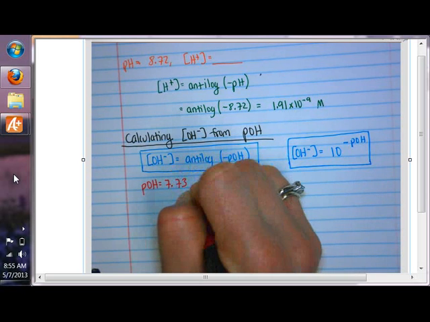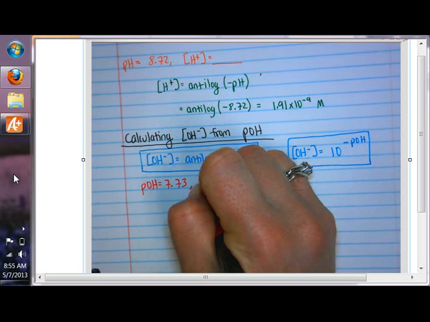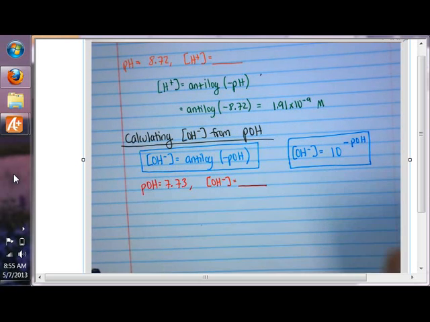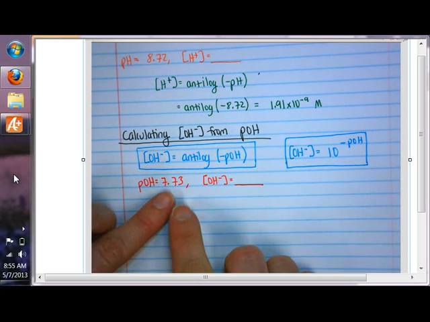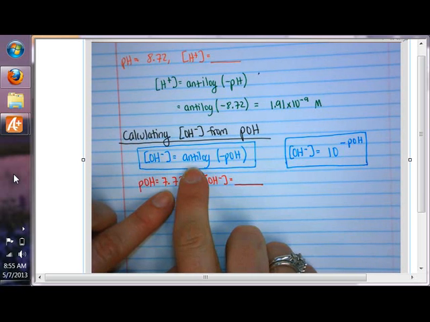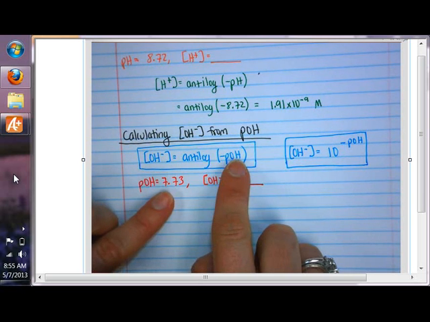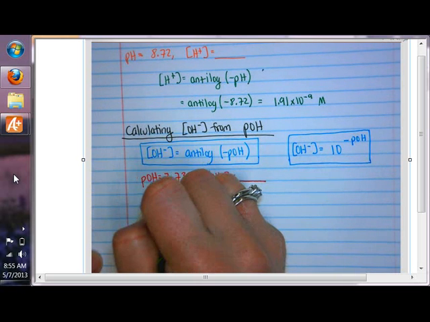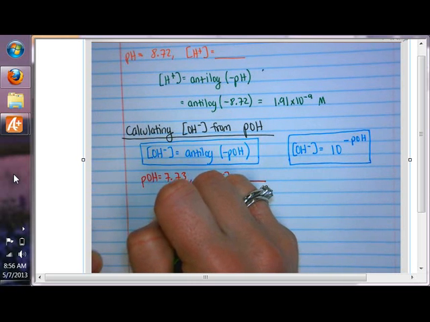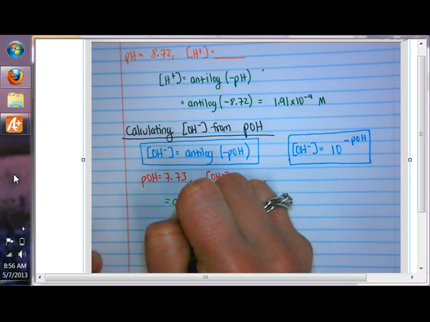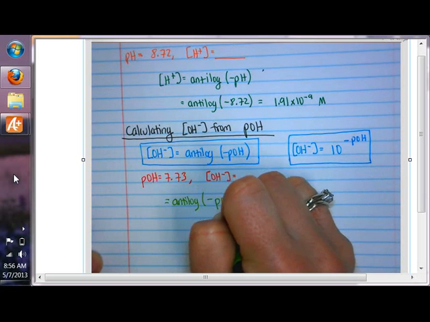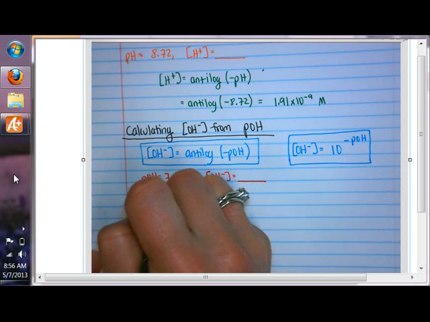So pOH equals 7.73, and they want us to find the concentration of hydroxide. So what I'm going to do is take the antilog of the negative pOH. So I'm going to write my formula. That is going to be the antilog of the negative pOH, and that is going to give me the concentration of hydroxide.